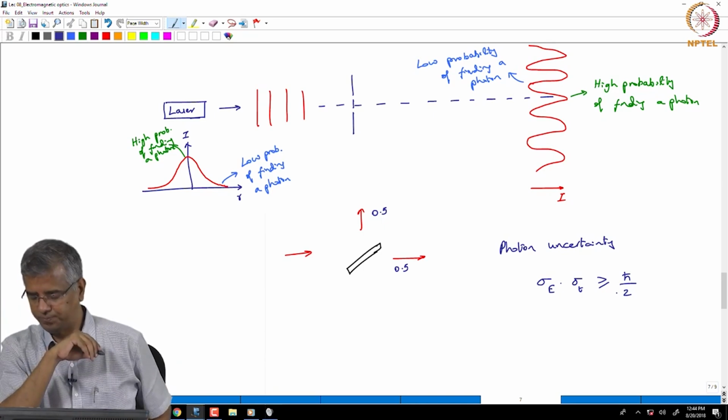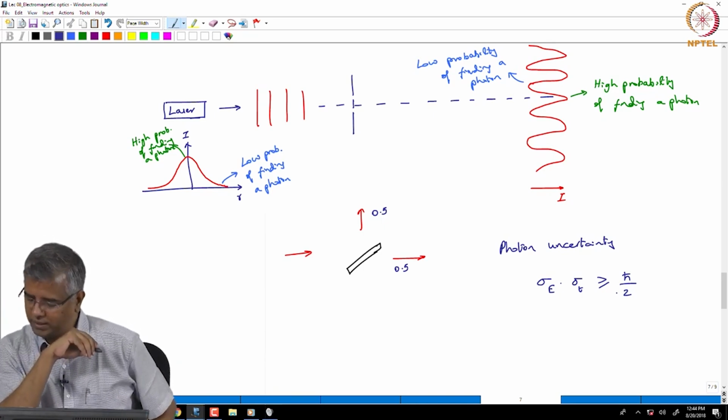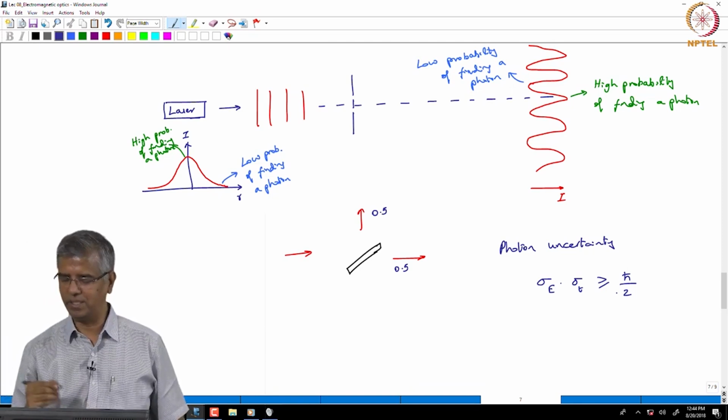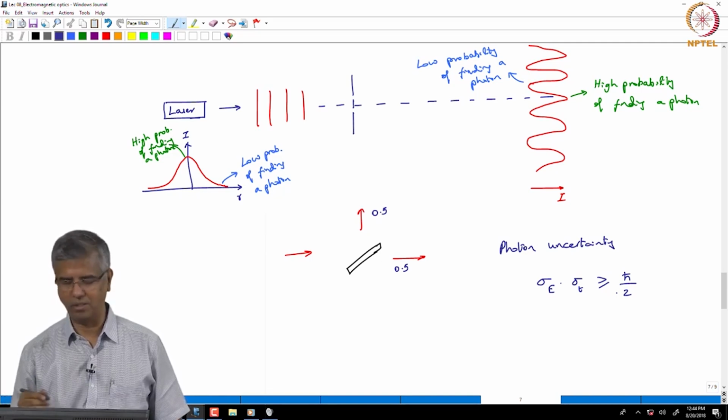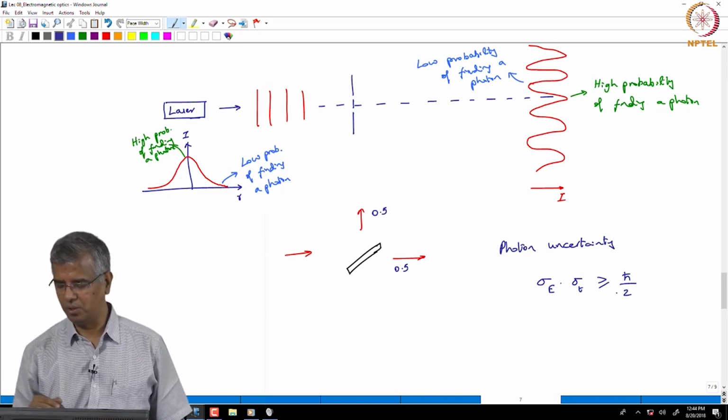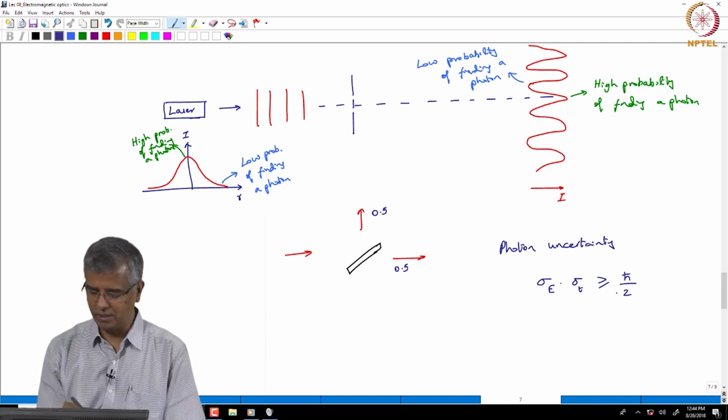So what does this mean? What is the implication of this? This is something that we have already in certain ways seen also. So what does this photon uncertainty mean?